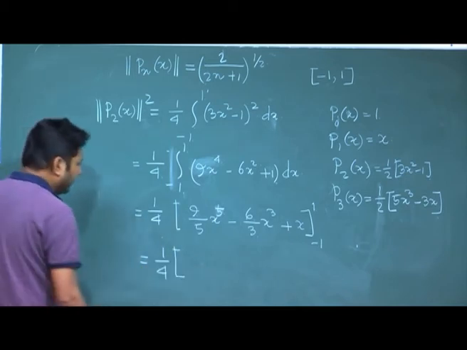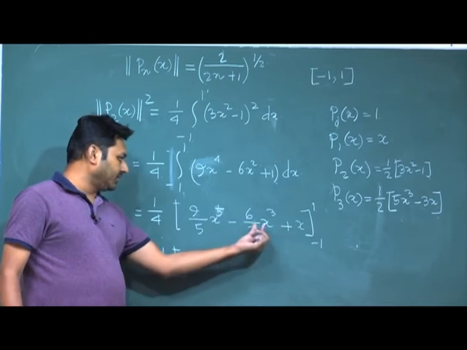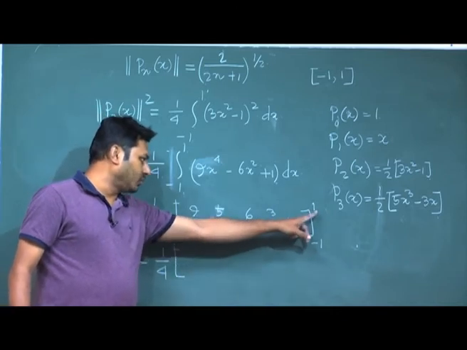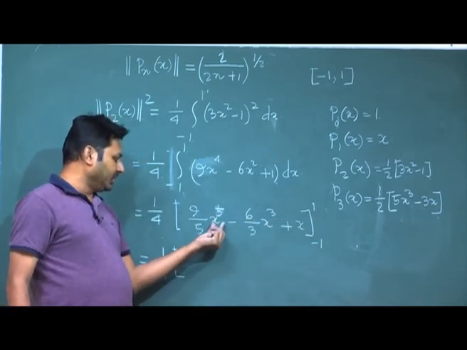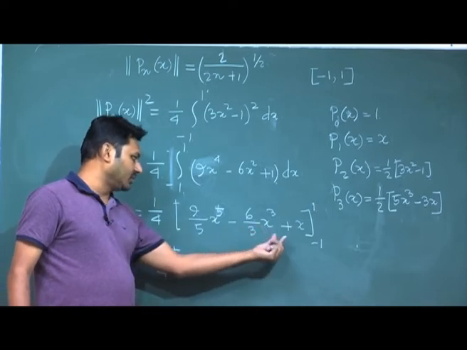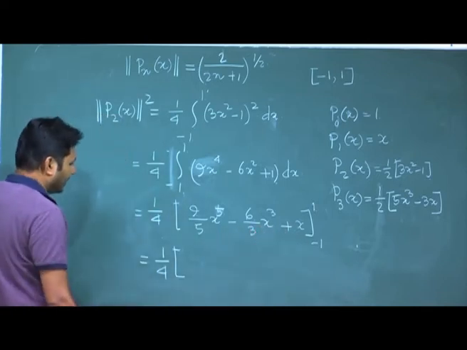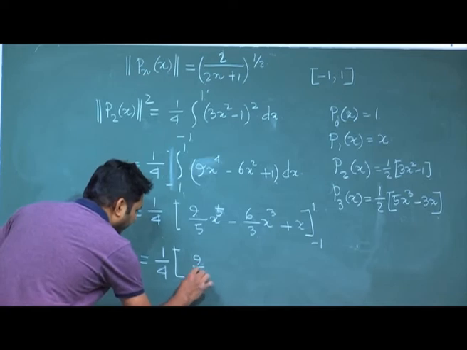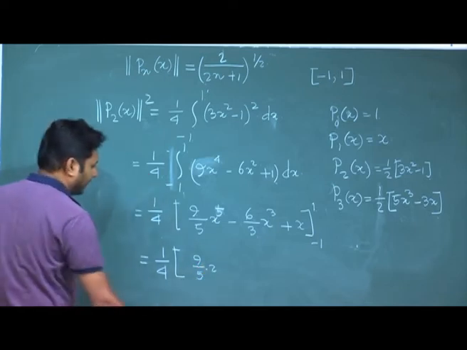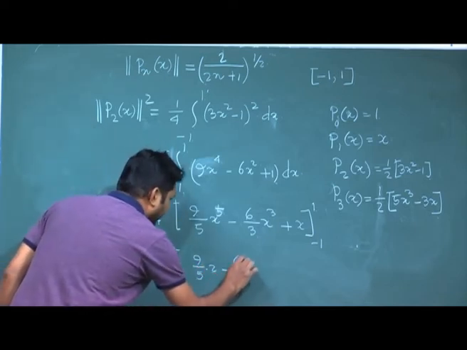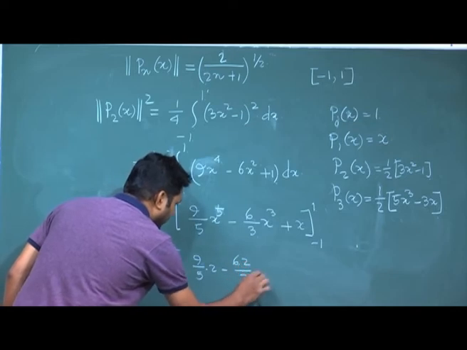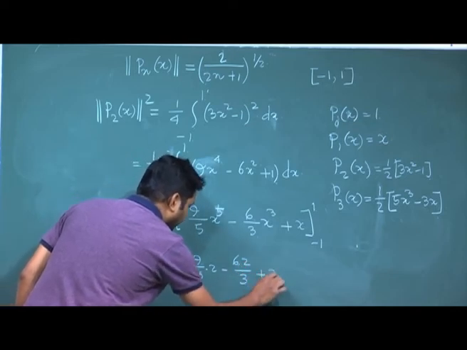Now, if I put the limit, these are all odd functions, minus 1 to 1. So, that means this will give 2, this will give 2, this will give 2. So, 9 by 5 into 2, minus 6 into 2 by 3, plus 2.